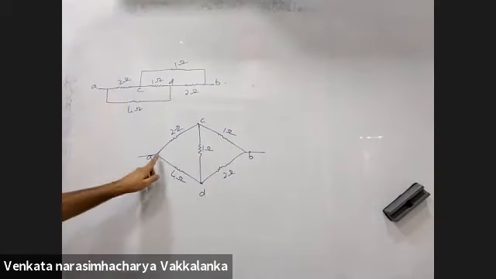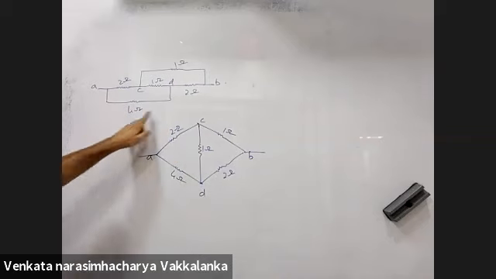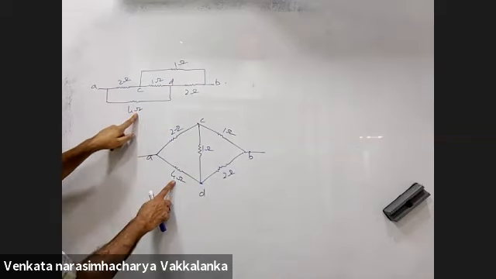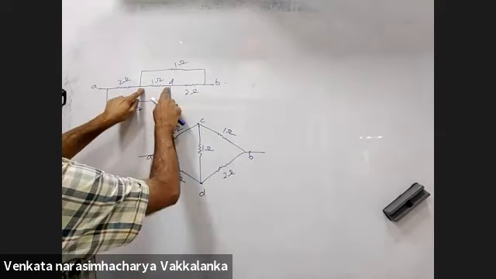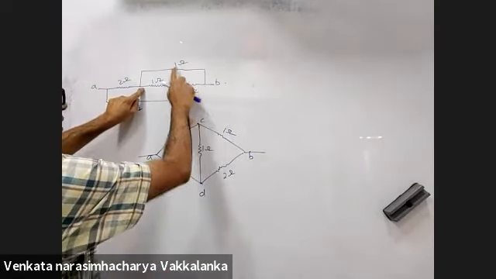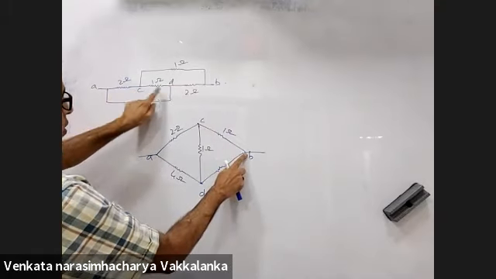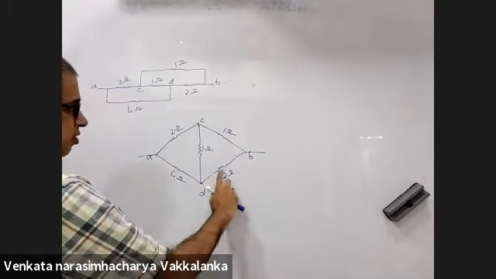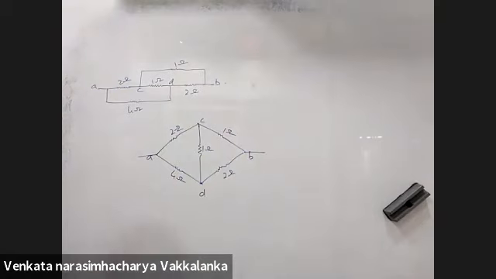CD is a 1 ohm resistance. C and B is a 1 ohm resistance. D and B is a 2 ohm resistance. You know what next? A standard deceptive looking Wheatstone bridge.